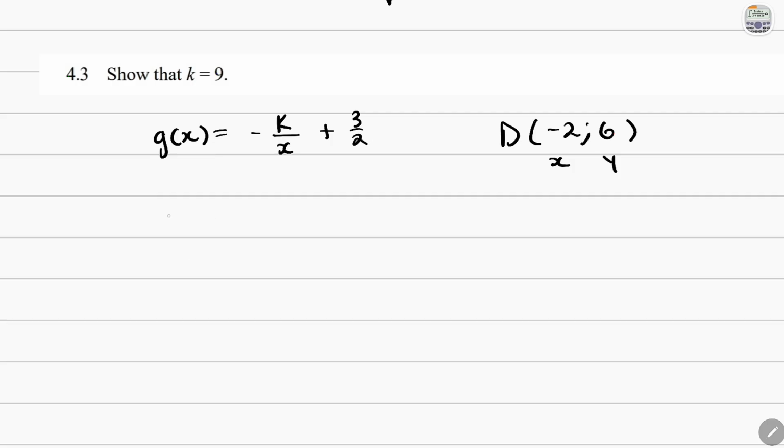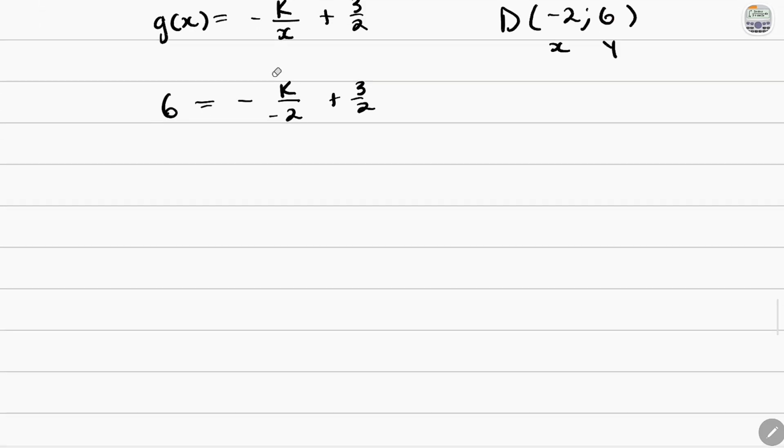So we have the y value 6 is equal to negative k over, and we have -2 here, and then plus 3 over 2. So this will just become positive k over 2, and we can just take that over. So that is 6 minus 3 over 2, okay? So 6 minus 1.5, that is already 5, and then 4.5. So that is 9 over 2 is equal to, and we have k over 2, okay?